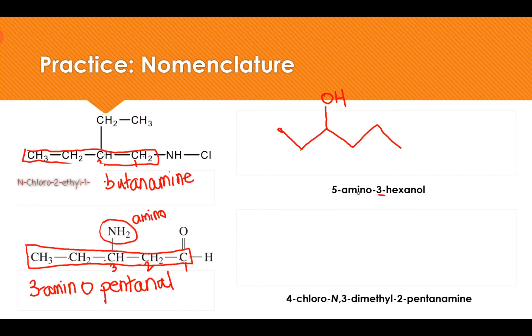Off of the fifth carbon, we have the amino group. So notice how we're minimizing the numbering of this alcohol group because that's a higher priority suffix.